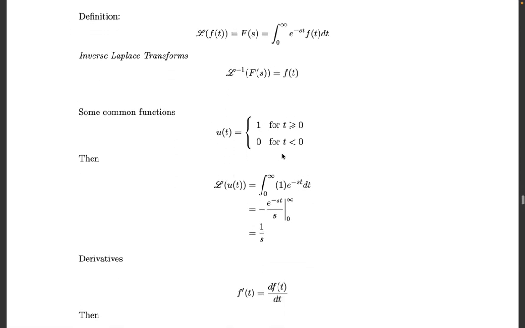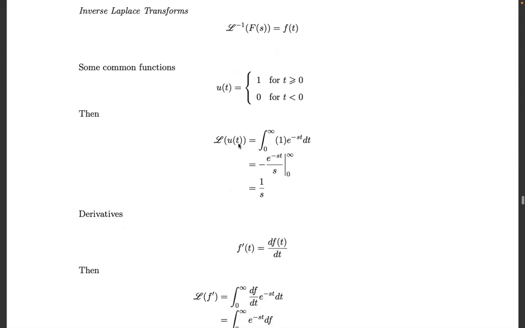This is a very simple example. u(t) equals 1 when t is greater than or equal to 0, and if t is less than 0, u(t) is 0.